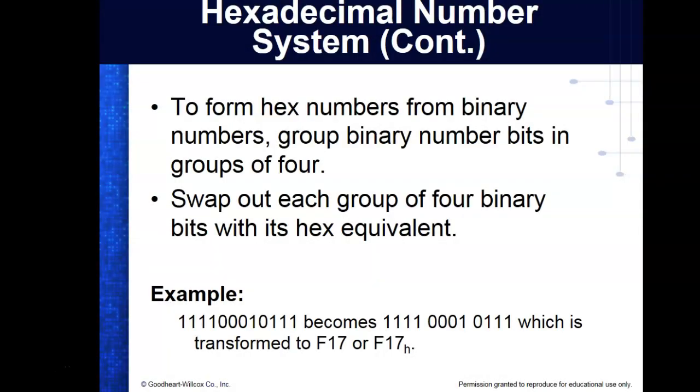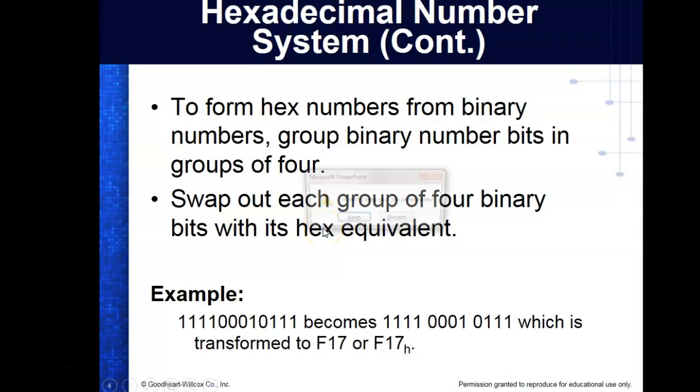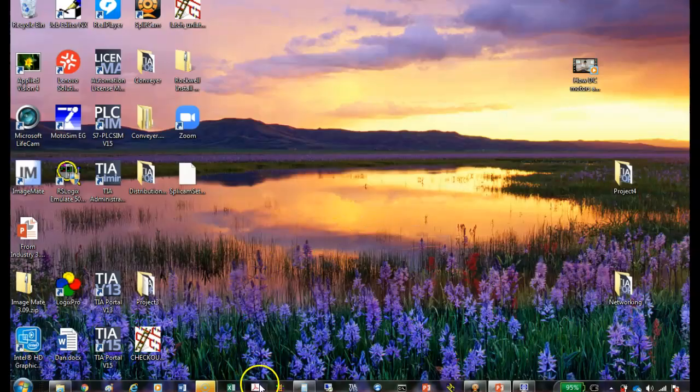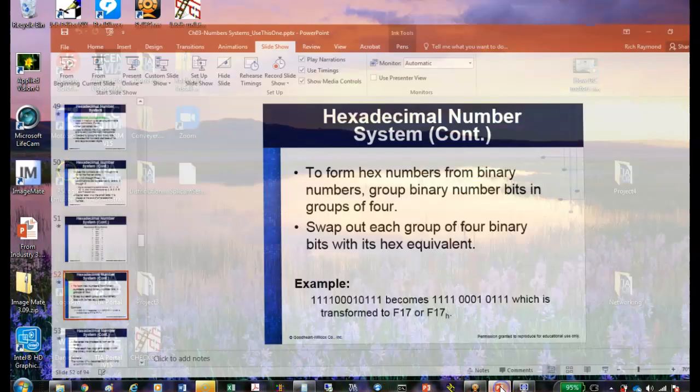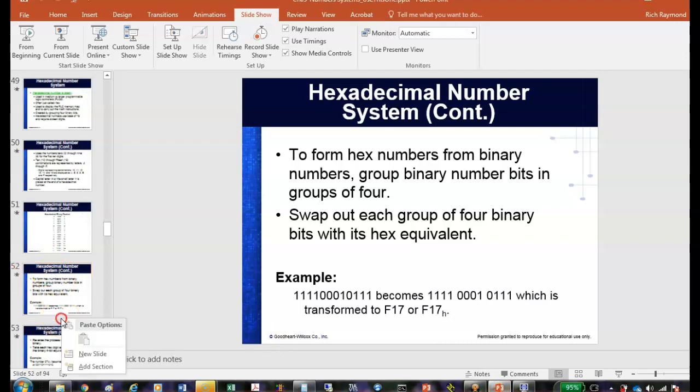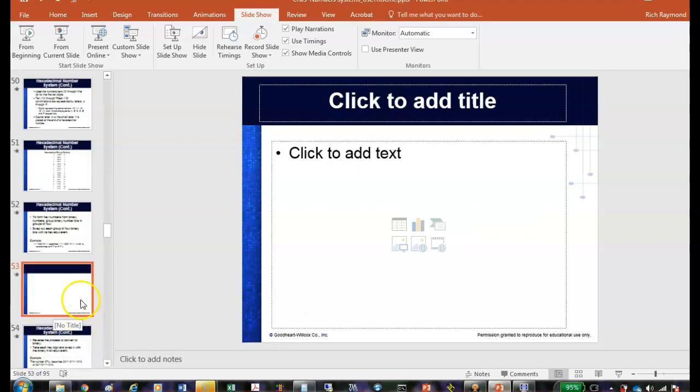To form hex numbers from binary groups, we split them into groups of 4s, right? So we can take a big binary number. So let's say we have this hexadecimal right here, 3BC5. This is base 16.